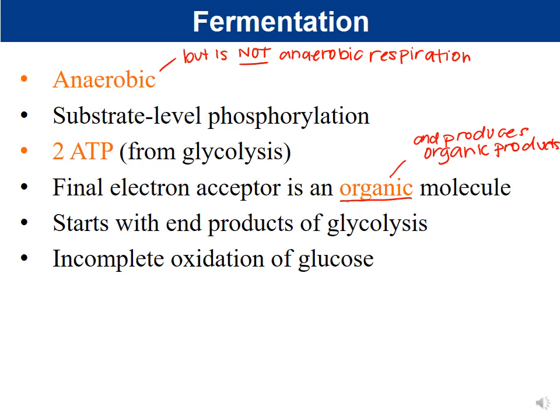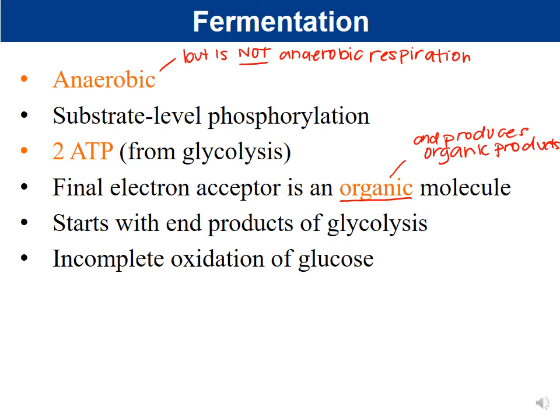So again, make sure that you don't get tripped up on fermentation and anaerobic respiration. They're totally different processes. In the case of fermentation, we get 2 ATP, and those 2 ATPs come from glycolysis. And so the ATP produced during glycolysis comes from substrate level phosphorylation. So again, it's simply going to be that during glycolysis, a substrate has a phosphate and it's going to transfer it onto ADP, forming ATP.